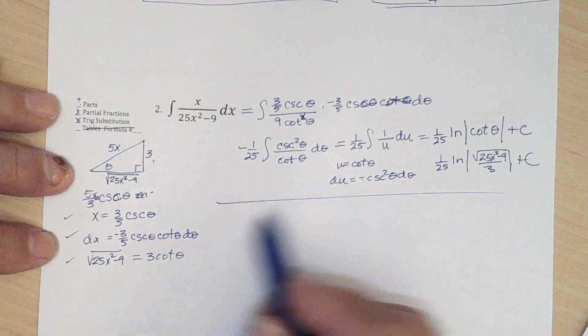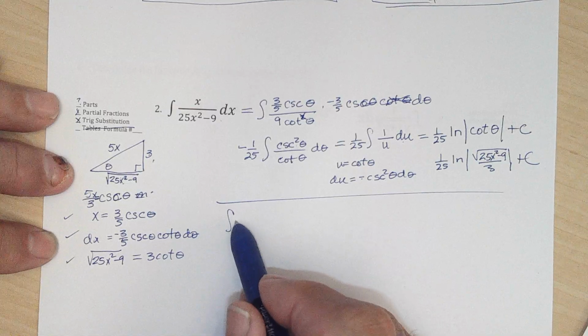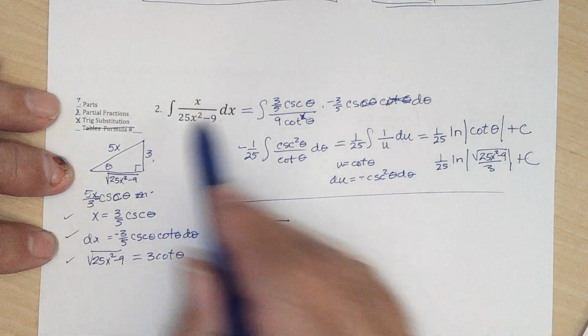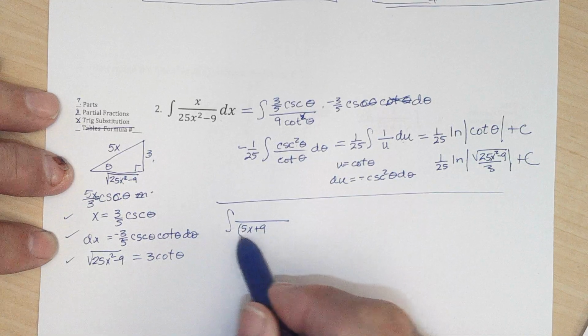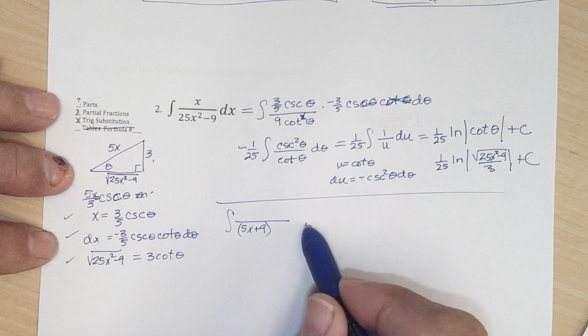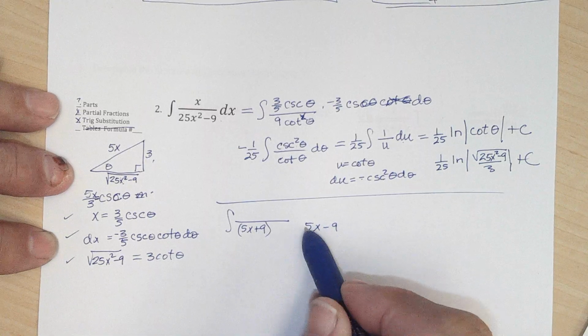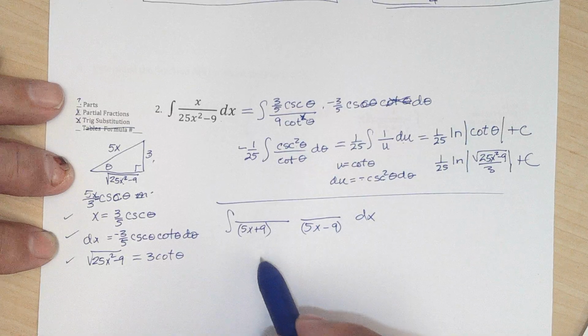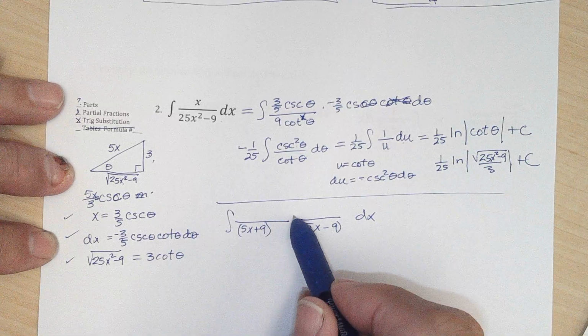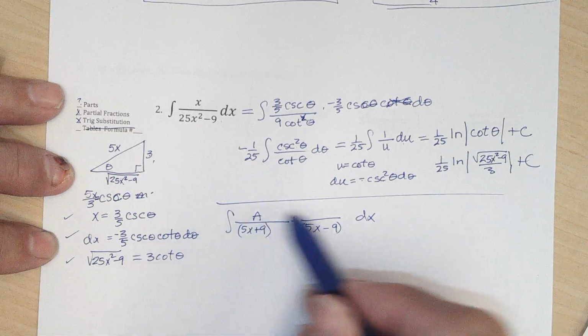Partial fractions. The denominator factors to 5x plus 9 and 5x minus 9. And that's a linear factor, so we put an a over it.